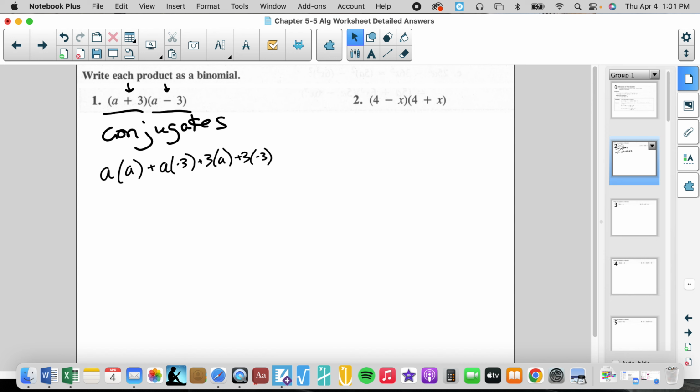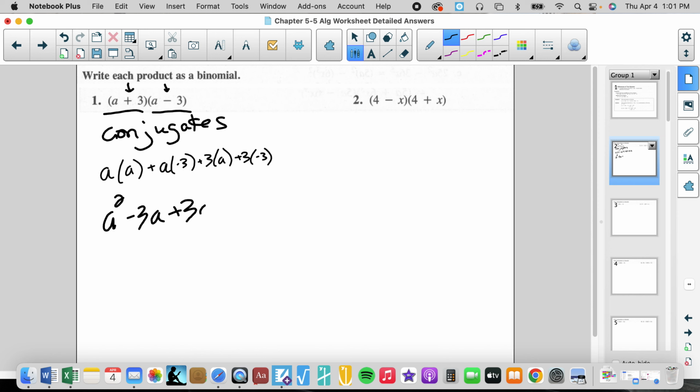So first becomes a squared, outside is -3a, inside is +3a, and last is -9. Notice about our outside and insides, because they are conjugates, they produce opposites, -3a and +3a, and they cancel. And we're left with our first and our last.